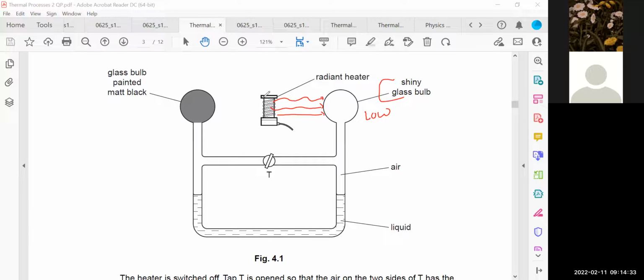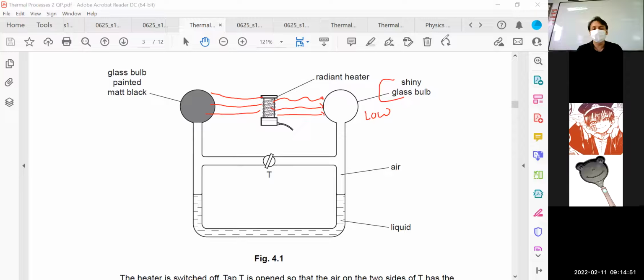But think about the radiations, because the same radiations are going to the other side also. On the other side we have a glass bulb painted black, and we already know a black body absorbs radiations. As it is absorbing radiations, children, definitely its temperature will increase. We can measure the temperature by putting a thermometer there. So the temperature towards the black surface is increasing.